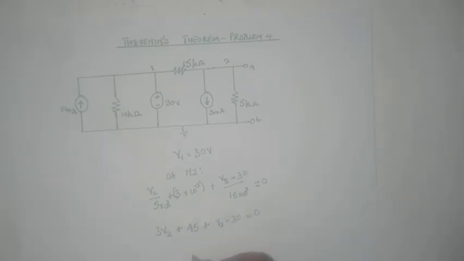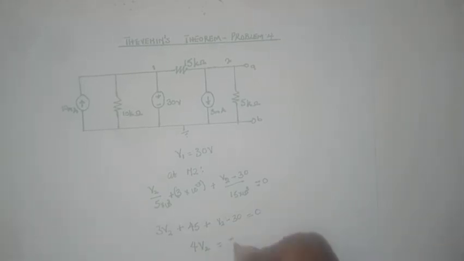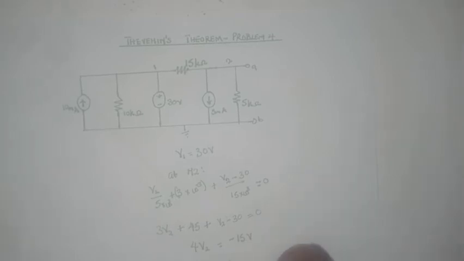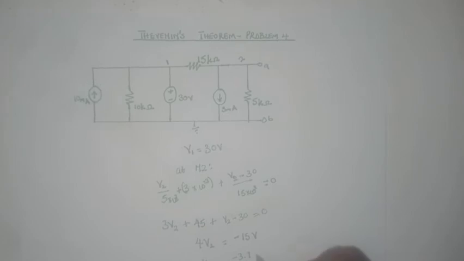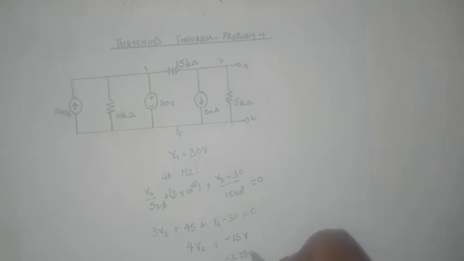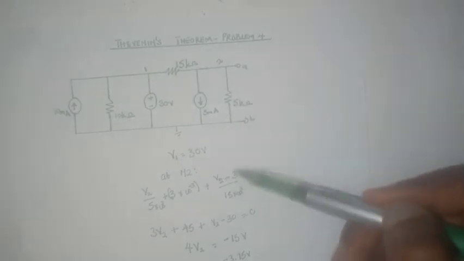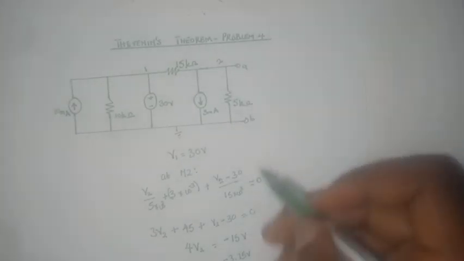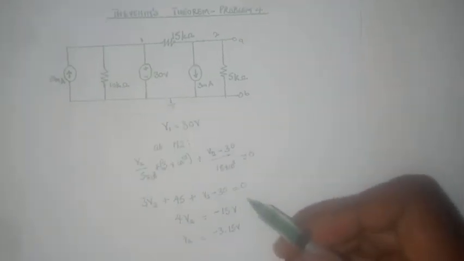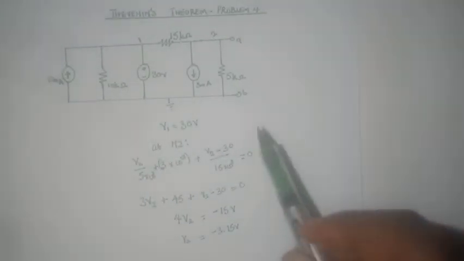And with this, we say that 4V2 is equal to minus 15 volts. Then that would imply that V2 is equal to minus 3.75 volts. And that would mean that the current flowing in this branch is minus 3.75 volts divided by 5 times 10 raised to the power 3.